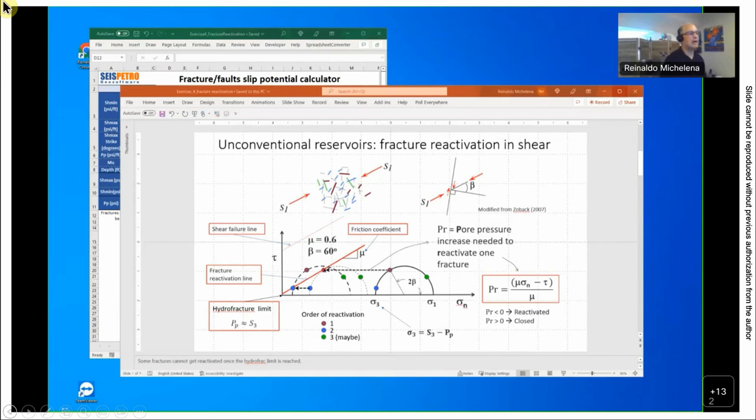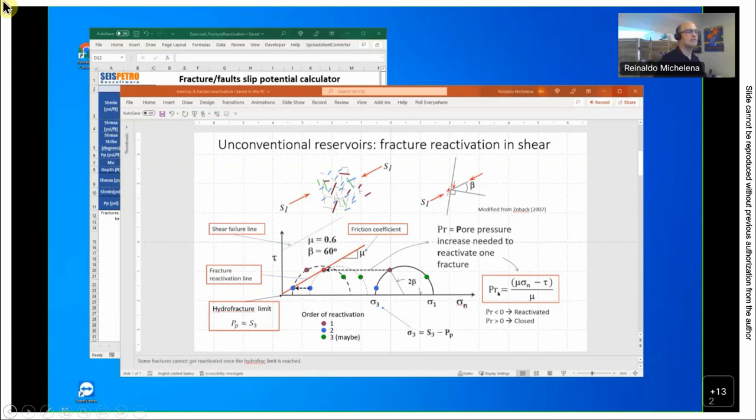So for instance, this fracture here that is originally closed, the spreadsheet will tell you, okay, you will need to increase the pore pressure by this amount, from here to here, in order to reactivate that fracture. Okay, that number is calculated in this way. That's the equation that the spreadsheet solves for.